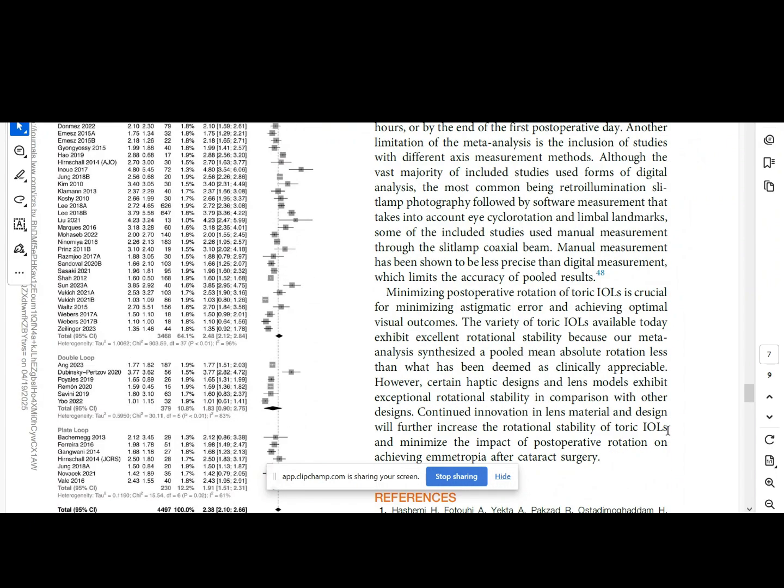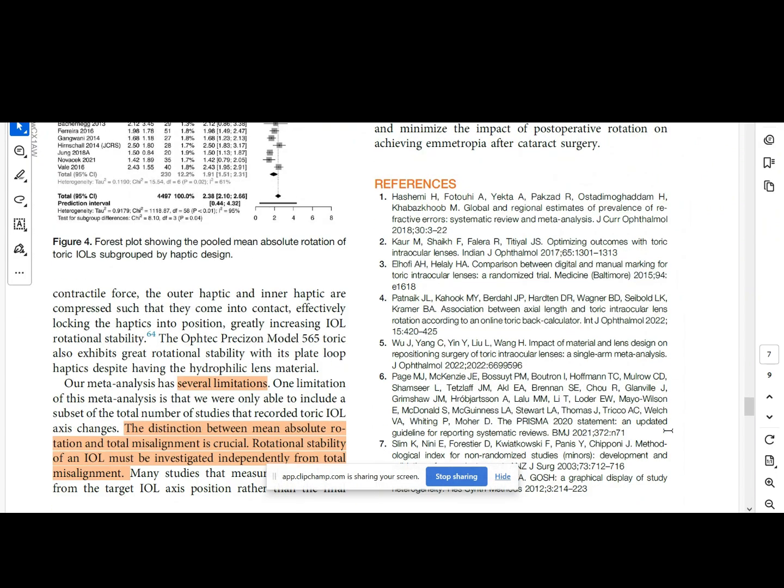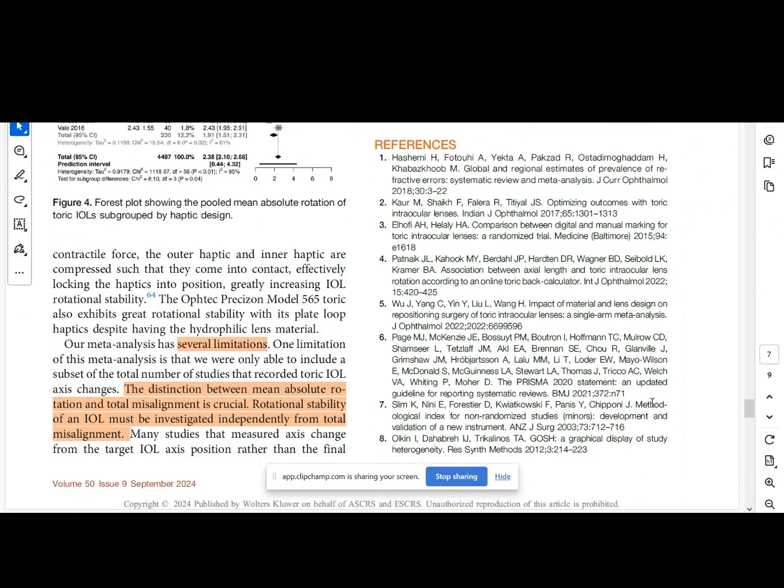But there is a limitation. Before I finish, let me show you the limitation of the study. The limitation is that they did not make a distinction between misalignment and absolute rotation. What does misalignment mean? If you had to put the toric IOL at 90 degrees, did you put it at 90 degrees or did you put it at 92 degrees?